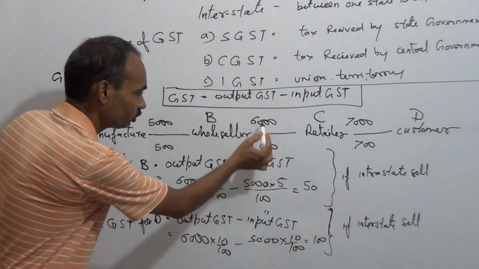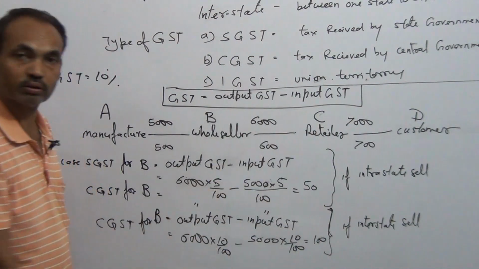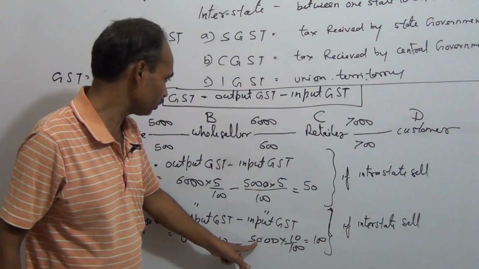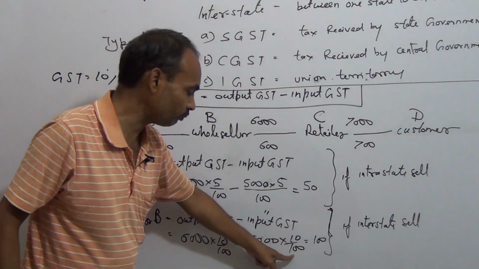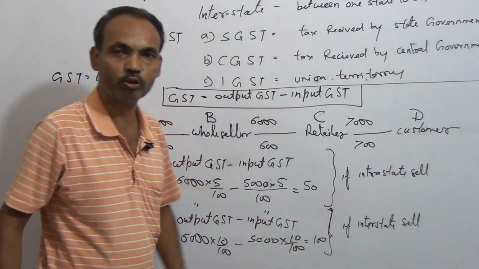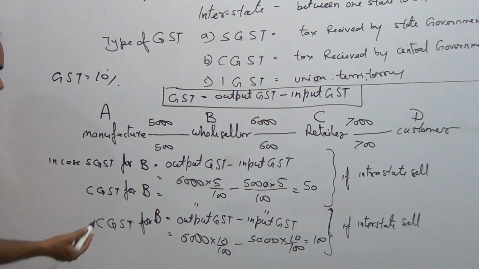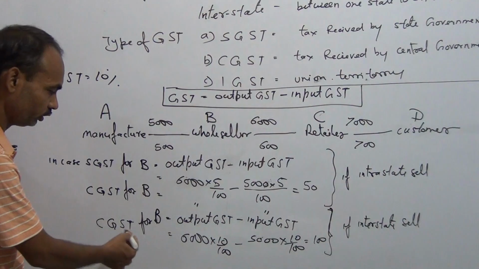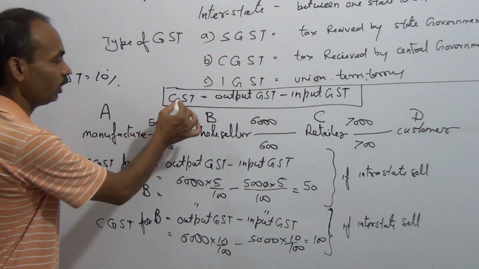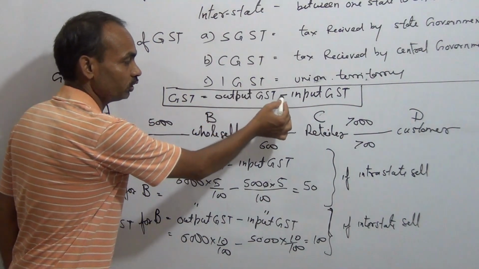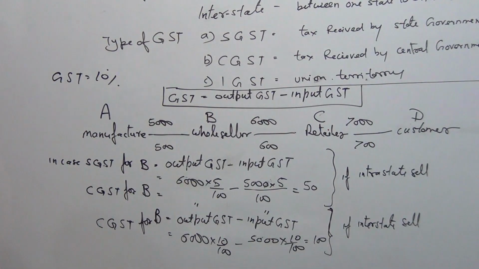Output GST on 6,000 at 10% and input GST on 5,000 at 10% gives 100 rupees. So you can easily calculate it by the formula output GST minus input GST.